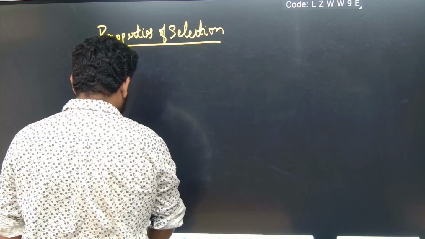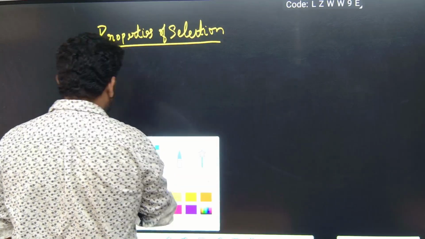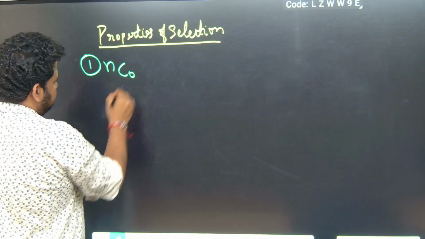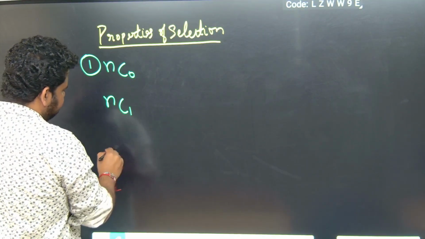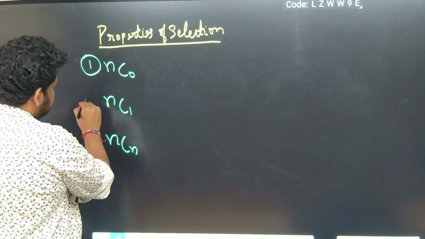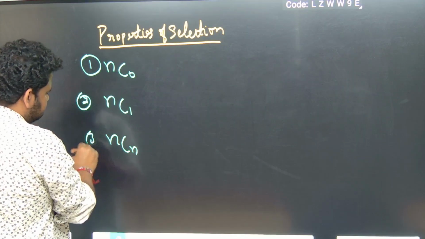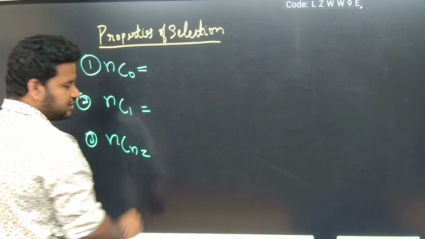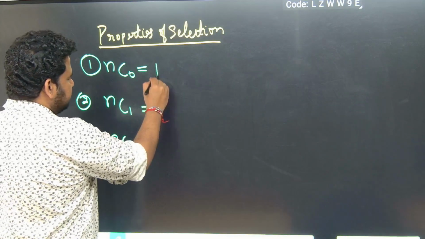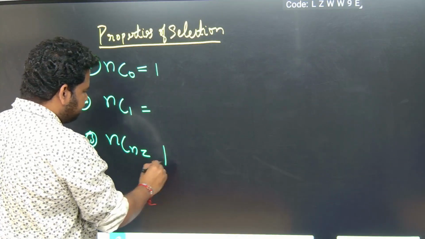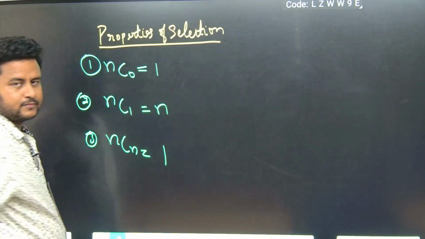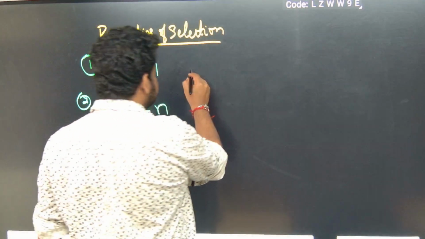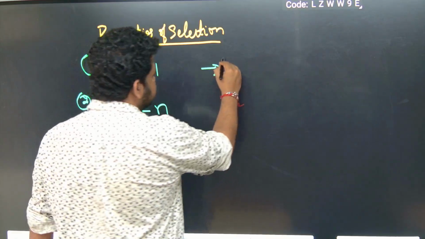When you go to properties of selection, the first three properties, let me write down: nC0, nC1, nCn. You don't have to learn the proof of it, just understand why the value is coming. nC0 is 1, nCn is also 1, nC1 is equal to n. Suppose I write nC0, why is it 1?